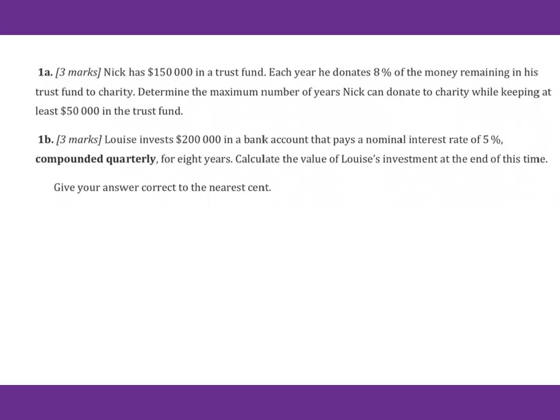1A. Nick has 150,000 in a trust fund. Each year, he donates 8% of the money remaining in his trust fund to charity. Determine the maximum number of years Nick can donate to charity while keeping at least 50,000 in the trust fund.